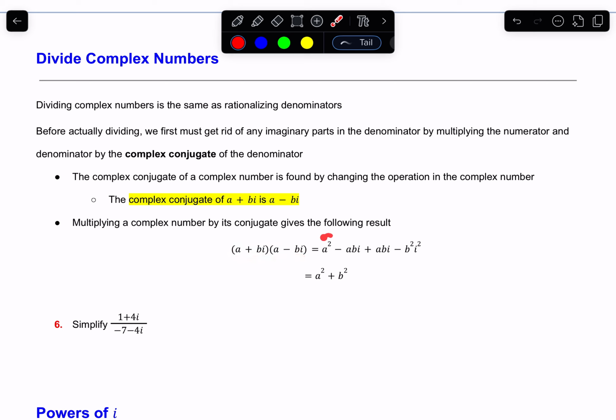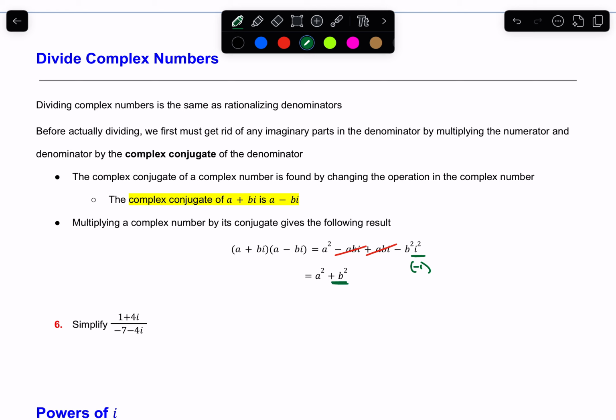Notice we get a squared minus abi plus abi minus b squared i squared. But the middle two terms, negative abi and positive abi, go away. And because i squared is negative 1, negative b squared i squared just becomes positive b squared.